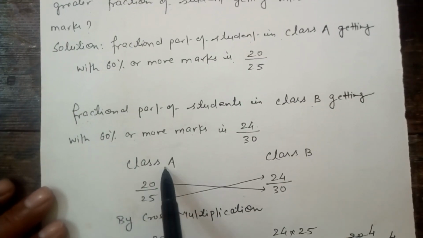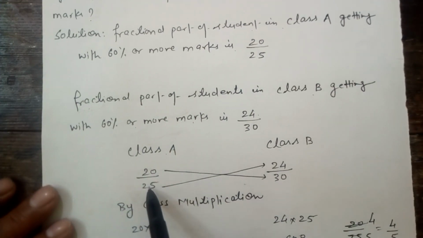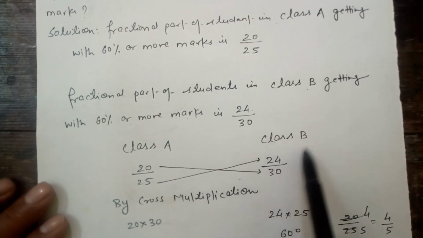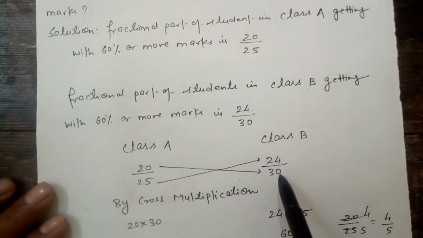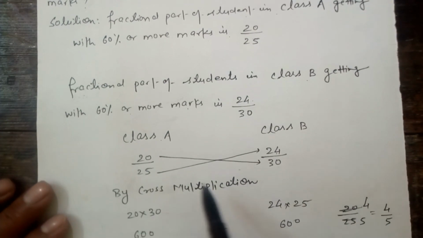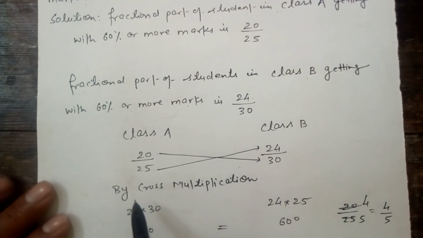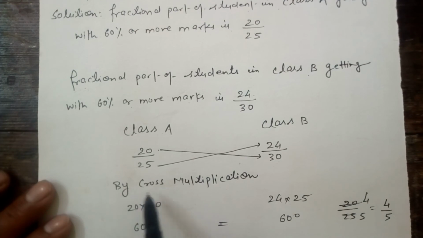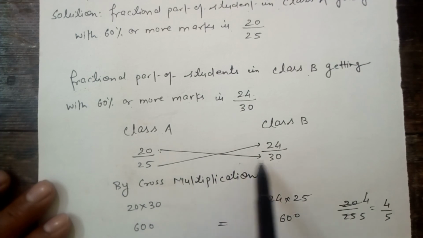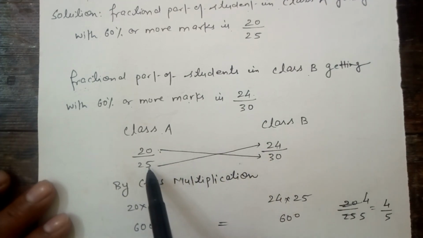Now between these two classes we will compare. How? We will apply the cross multiplication method: 20 multiplied by 30 and 24 multiplied by 25.